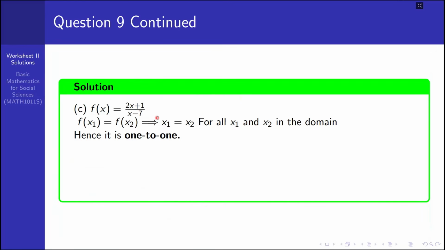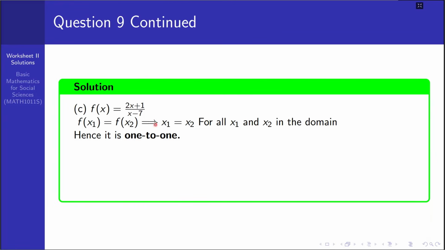To show whether it is onto, we have to say it is defined from the set of real numbers without 7 to R. So when is it onto? For any real number, there must be a pre-image, or simply, it must be an image for at least one element within the domain of this function.